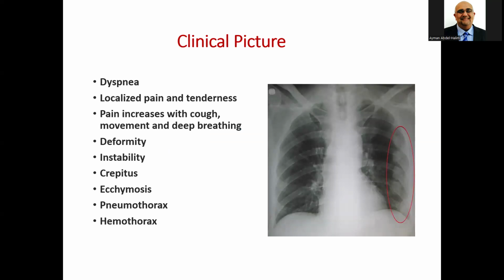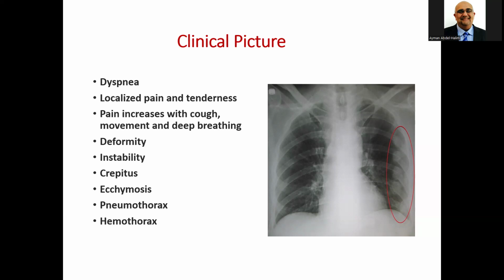Clinical picture. I had this rib fracture maybe 2, 3 years ago. It wasn't really a major one, but I fell and had a blunt trauma. And basically, this is the exact clinical picture I had.